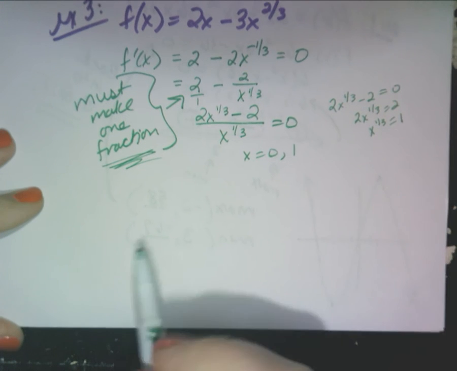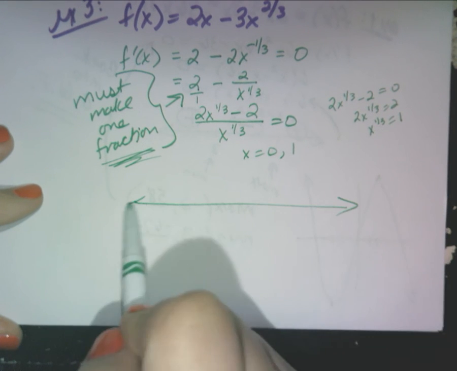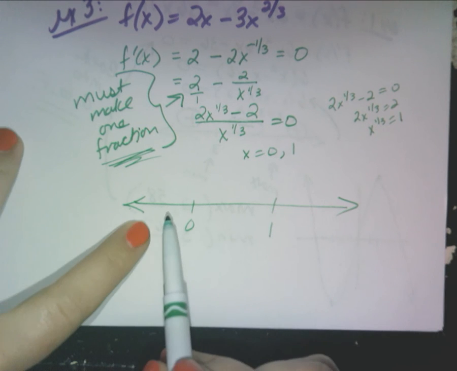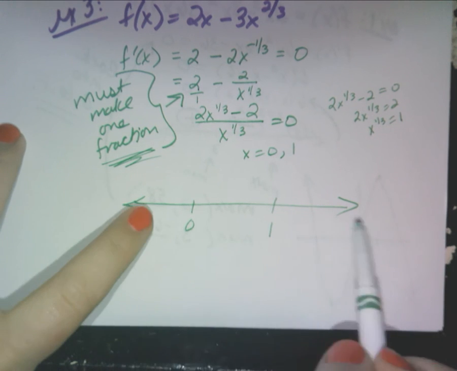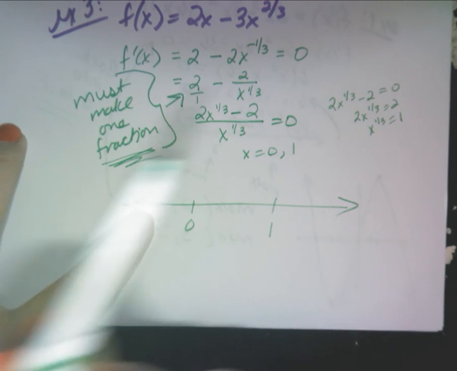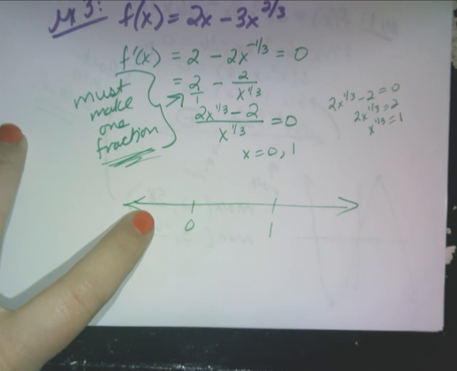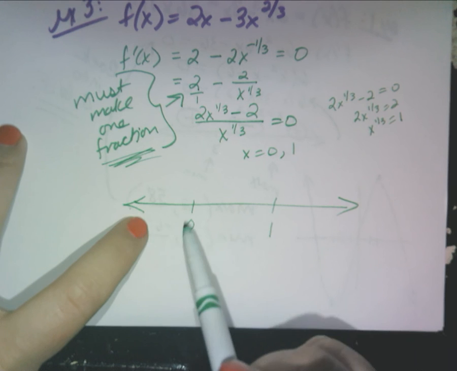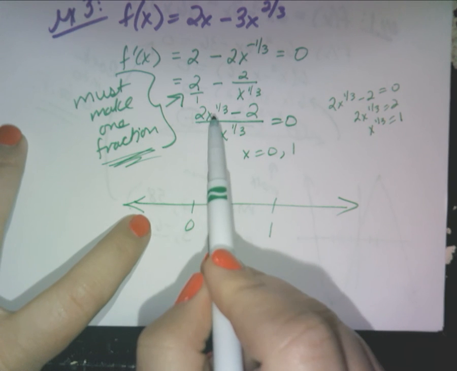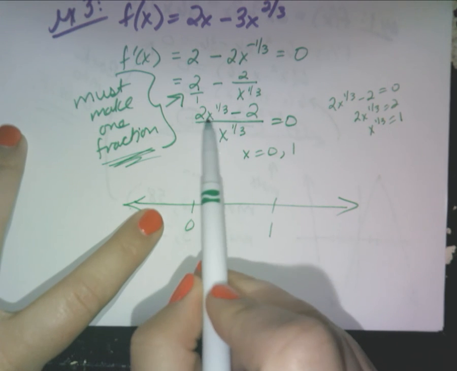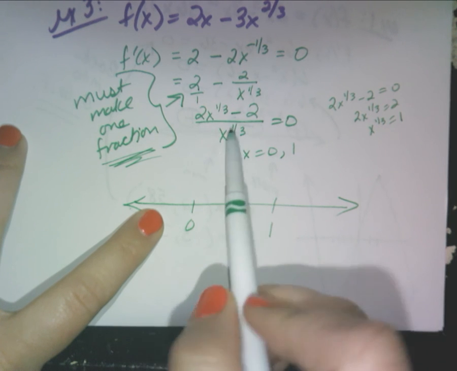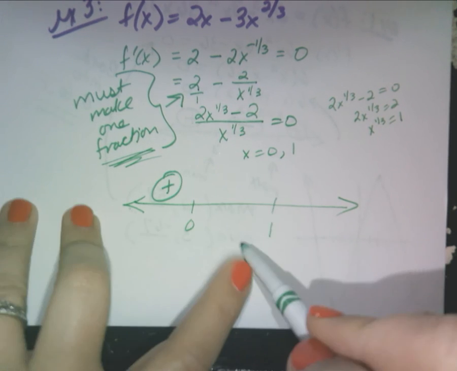So now, number line, we got to see where it's increasing and decreasing. So 0, 1. Plug these numbers. These numbers here go where? To the derivative or the OG? Derivative. Derivative, go back for increase, decrease. So pick a negative number. Negative would be minus up here, minus down here, so be positive.